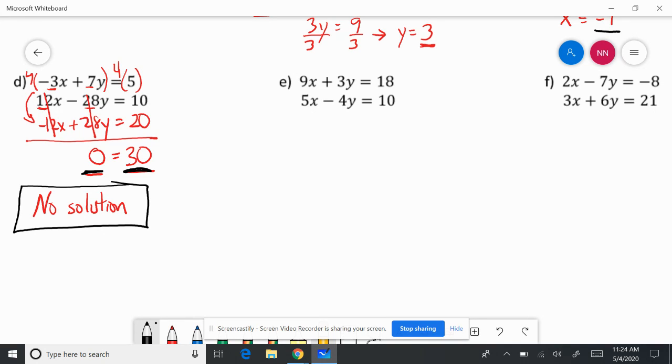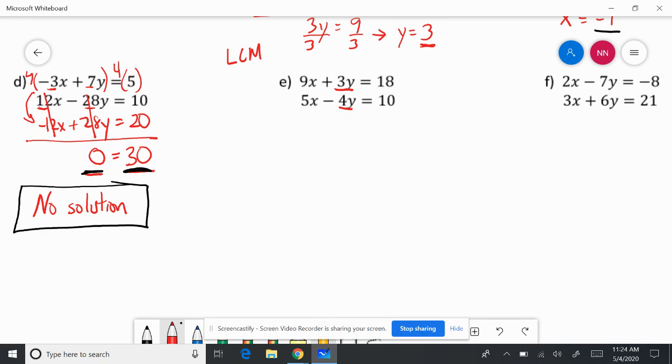Now, looking at letter E, we have to decide which variable we want to cancel. When I'm looking at this, I want to cancel the y's because 3 and 4 are smaller numbers than 9 and 5. Remember, I'm looking for the least common multiple. So what number does both 3 and 4 go into?